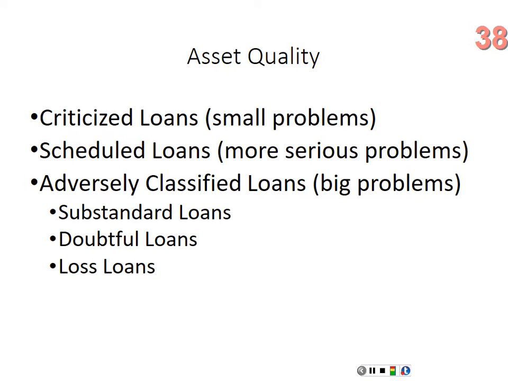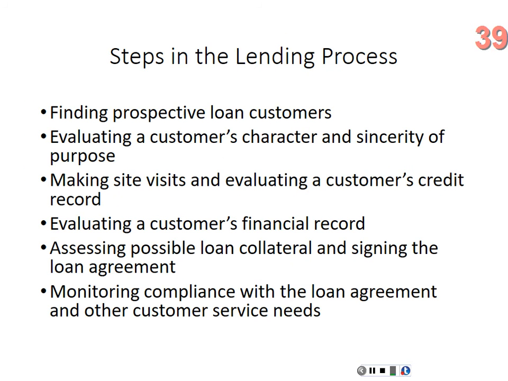Some collateral sells better than other types of collateral. For example, cars. People tend to beat cars to death. If you repossess a car, it's almost always going to be in rough shape. It's just how it is.